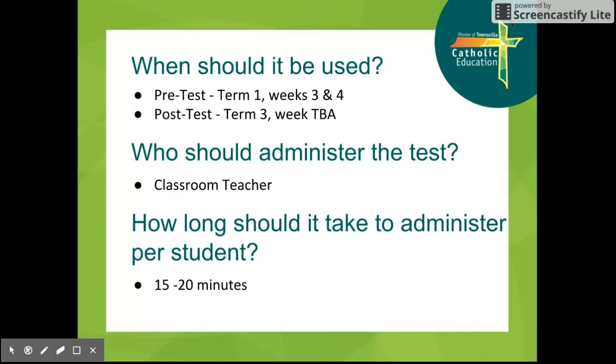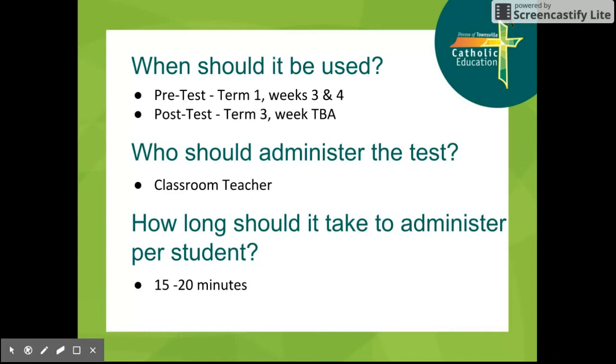So when the testing occurs early, we aim then to have the data and feedback sessions quite early. The post-testing occurs later on in the year during term 3. The aim then is to provide feedback prior to the end of term 3 so that any changes that need to be made can be done during the 4th term.